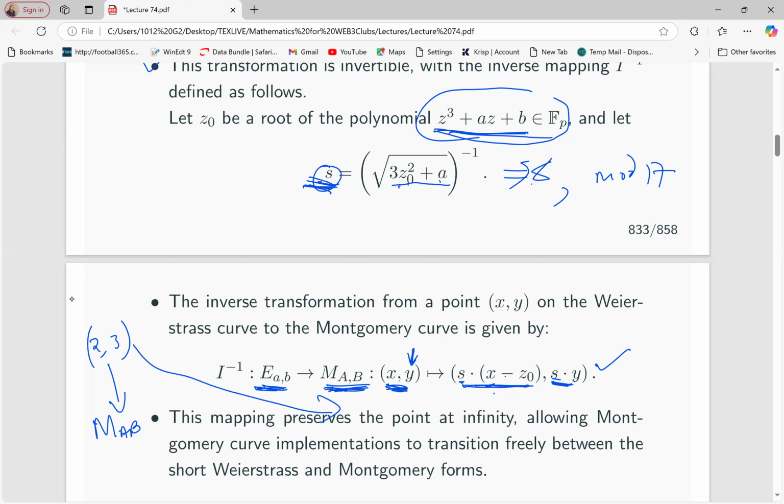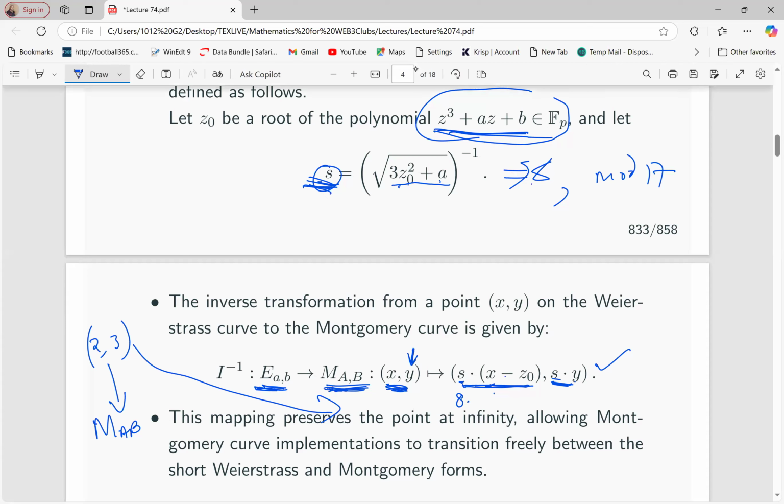So if our S is 8, then this point (2, 3) will be mapped to S, which is 8, multiplied by X, and our X in this case is 2, then minus Z naught, the answer you got here. Let's just assume it was 3. Then again, take the same S, 8, and multiply by the Y value, which is 3 in this case.